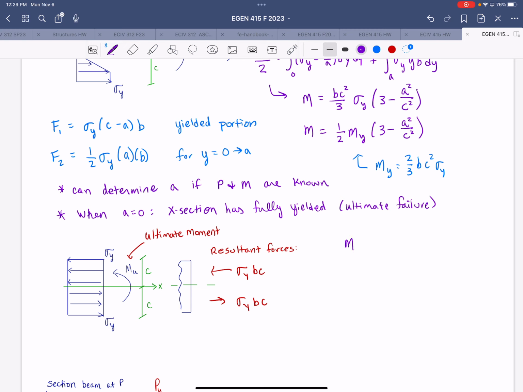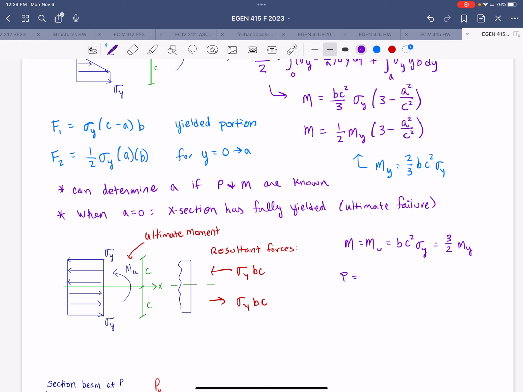So we have our moment, set that equal to the ultimate moment, and we know that's just going to be b c squared times sigma y. We don't have to go through the integration. So that's equal to 3/2 times M_y.